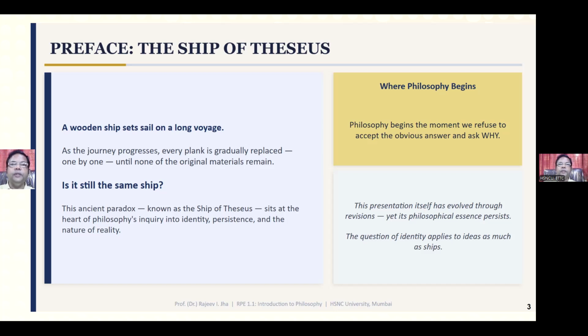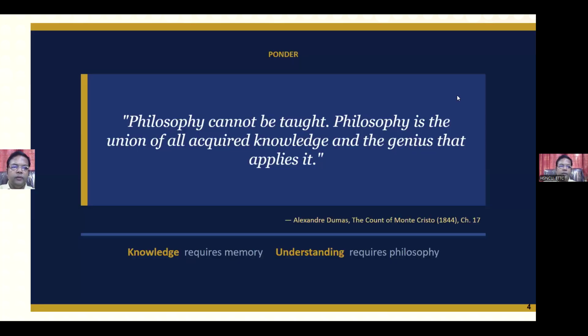Before we proceed to definitions, let us sit with one more provocation, a quote that challenges the very premise of teaching philosophy. Alexandre Dumas, best known for The Count of Monte Cristo, wrote something rather startling in 1844, that philosophy cannot be taught.